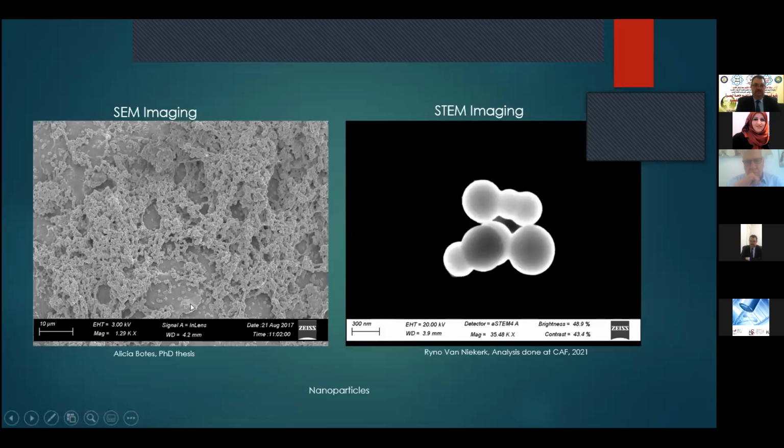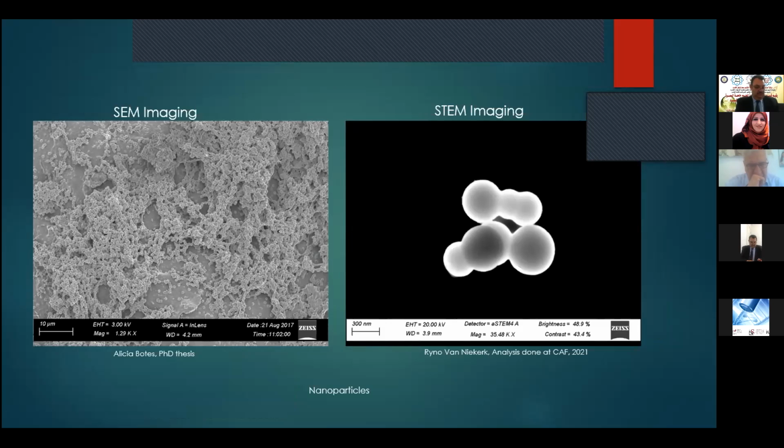For the next images, this is also just an example to show how the different types of scanning electron microscopy and transmission electron microscopy can help you in your endeavors for your research. Here we have chitosan nanoparticles on your left, and another type of particle from a student called Reiner van die Kerk, and he used scanning transmission electron microscopy because his particles were far more in the nano range and very, very small in feature.